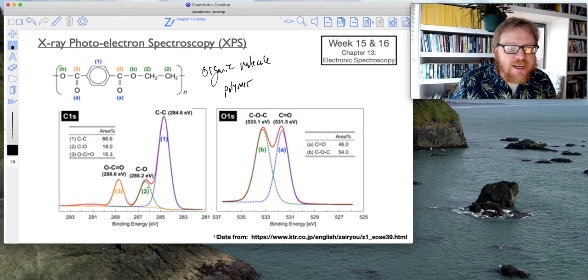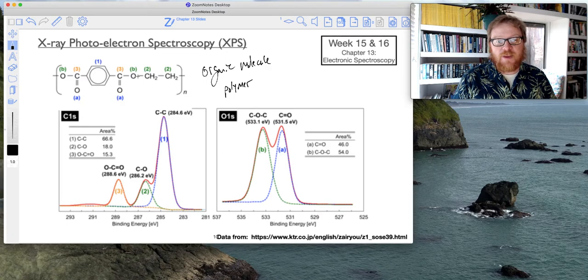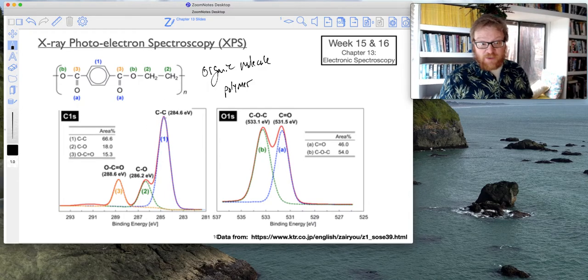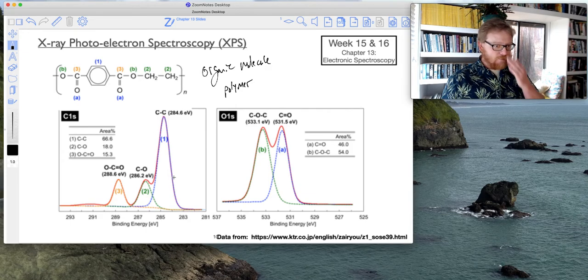But now you can see that there is a carbon-oxygen bond from the ether, right, that shows up over here. And similarly, this neighboring carbon is even affected. Even two positions over from the oxygen, it appears shifted relative to the carbon-carbon bond. So really sensitive to chemical environment.